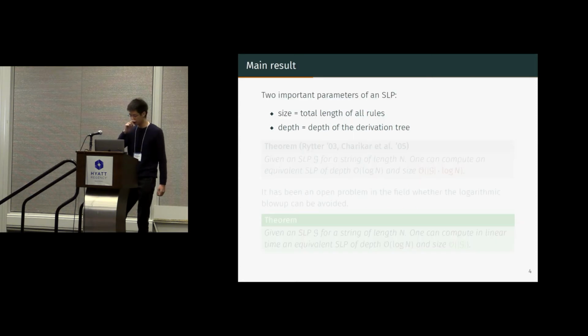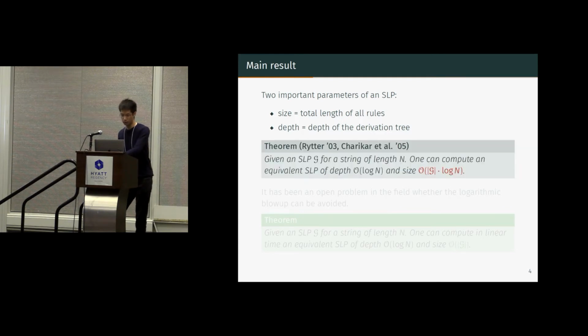If you study algorithms on SLPs, there are mainly two important parameters which influence the complexity of these algorithms, which are size and depth. The size is simply the number of variables if you're in Chomsky normal form, but if you also allow longer rules, then you should count the total length of all rules. Another important parameter is depth, by which I mean the depth of the derivation tree of this grammar.